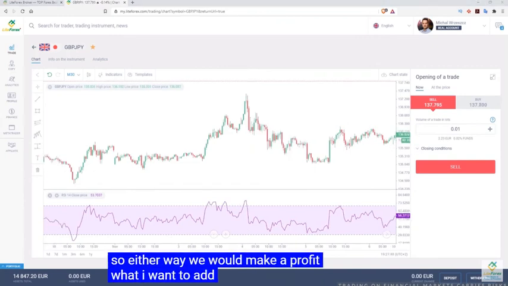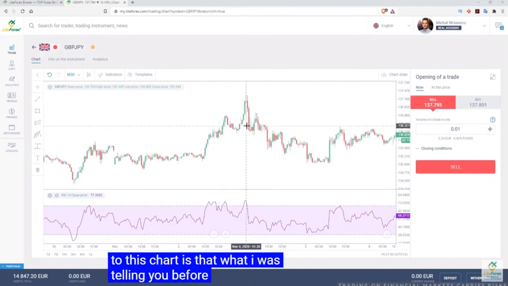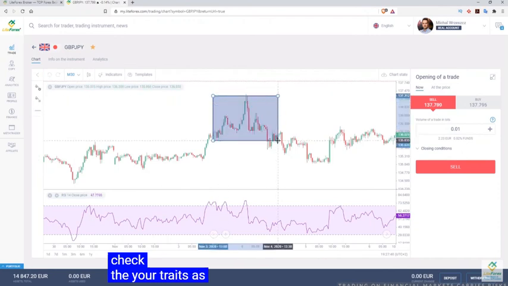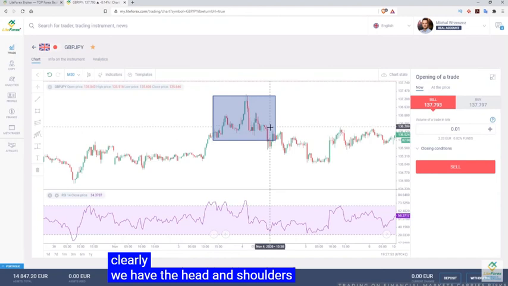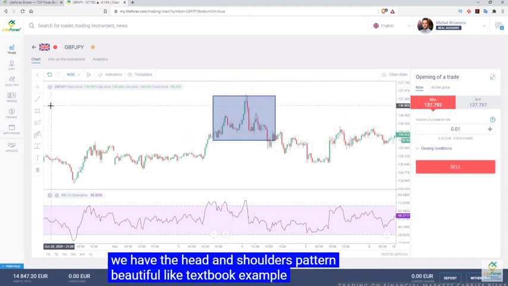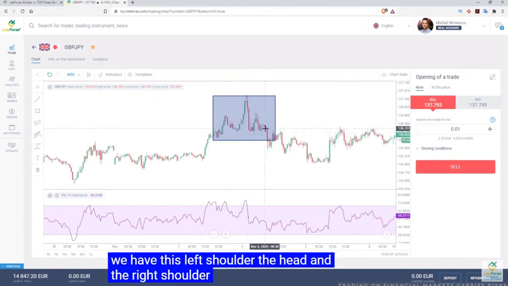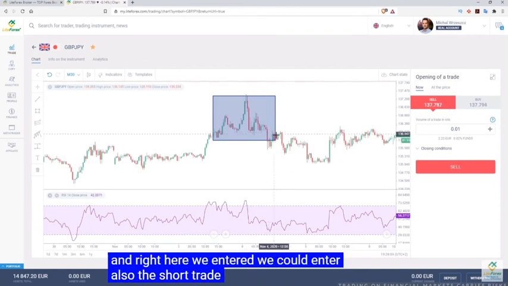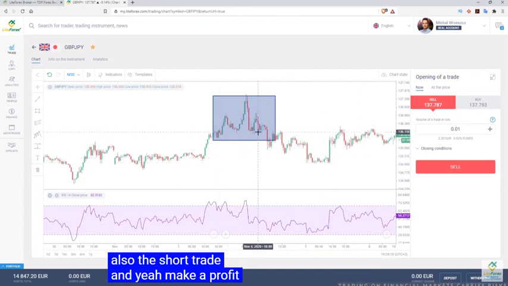What I want to add to this chart is what I was telling you before, that always double check your trades. As you can see here very clearly, we have the head and shoulders pattern, beautiful, like a textbook example. We have this left shoulder, the head, and the right shoulder, and right here we could enter also the short trade and make a profit.